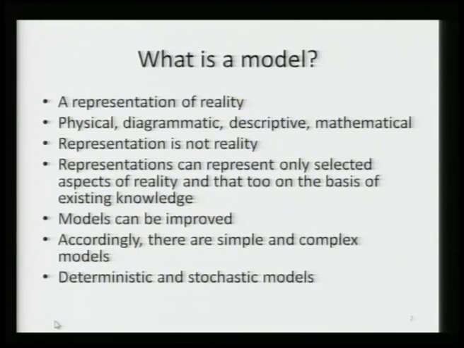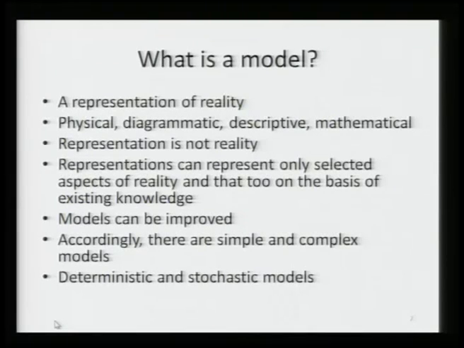If the existing knowledge shows that population can grow in a linear fashion, then we assume that our growth model is linear. If the existing knowledge shows that no, population grows in some other fashion, say geometric fashion or exponential fashion, we assume that our model should be geometric or exponential.